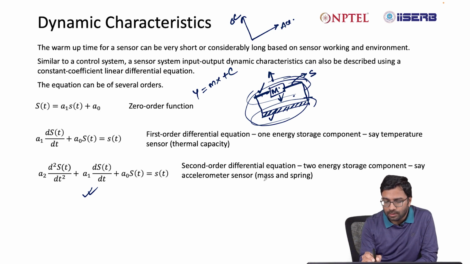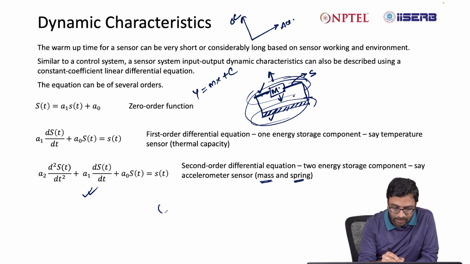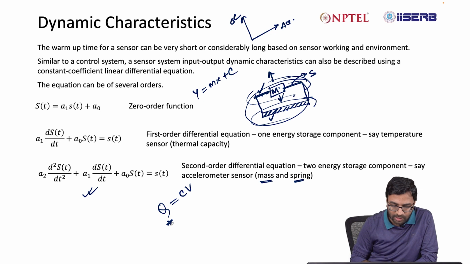Now I hope you know why mass and spring can be considered as storage systems or storage components. Maybe in your class 12 you already have studied that Q equal to CV. So I am just trying to give you an idea why we say the same thing.